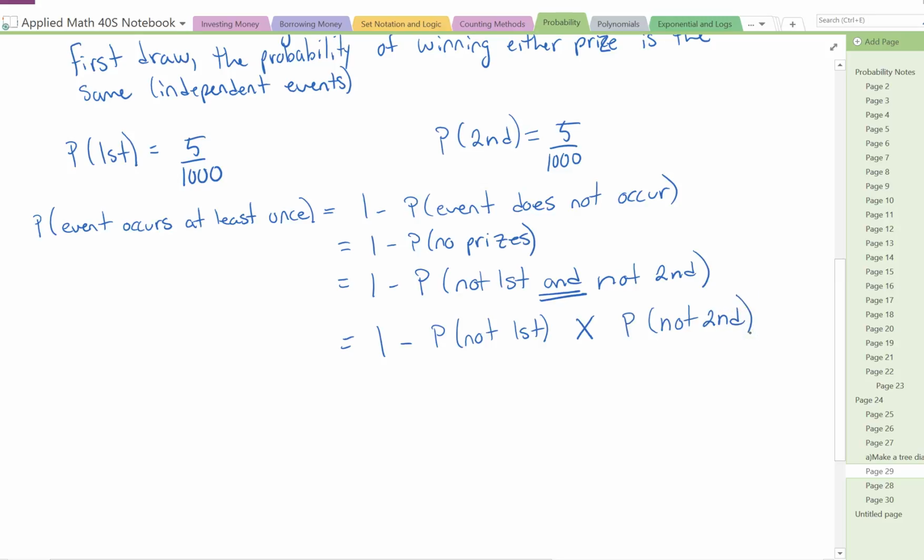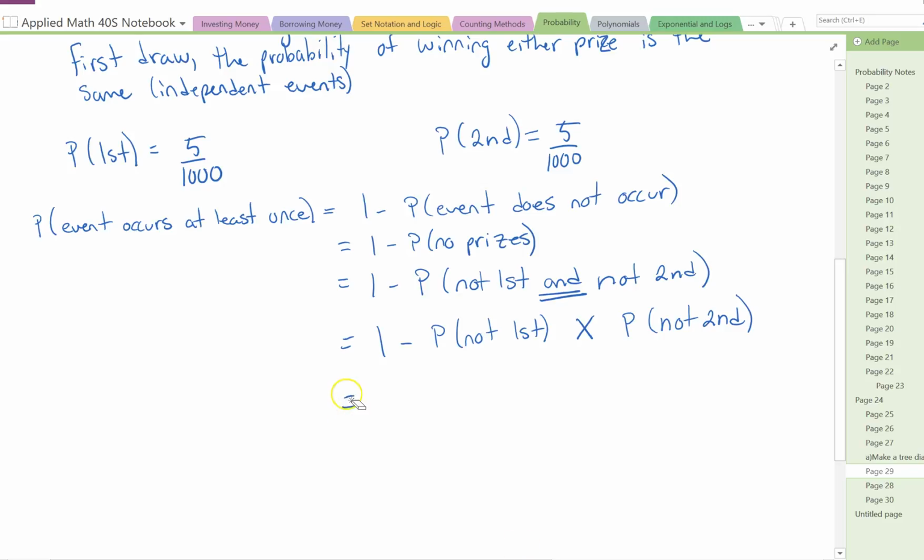Okay, so now that this is laid out, we need to figure out how we can put the math in there. So the probability of not winning the first prize, the probability of not winning the second prize, how do we do that? Well, the probability of winning the first prize is 5 out of 1,000. So how many do we have left over?